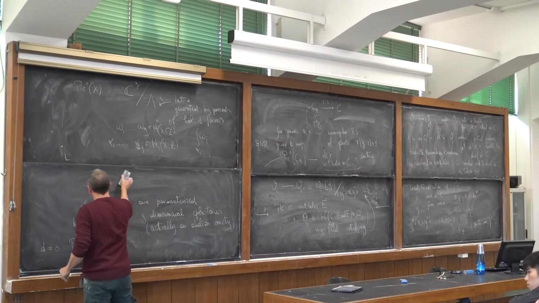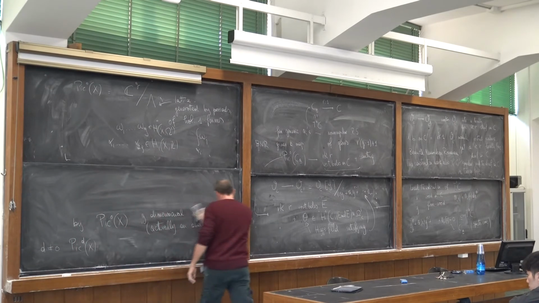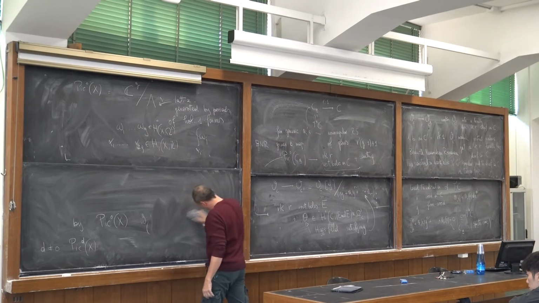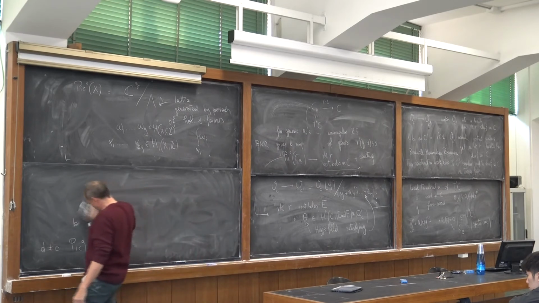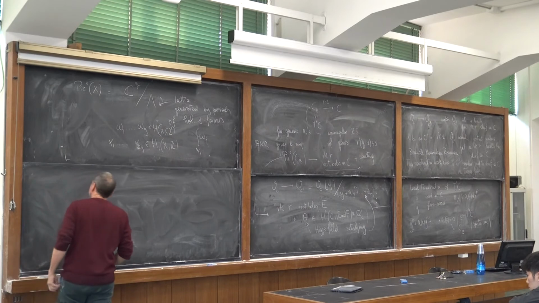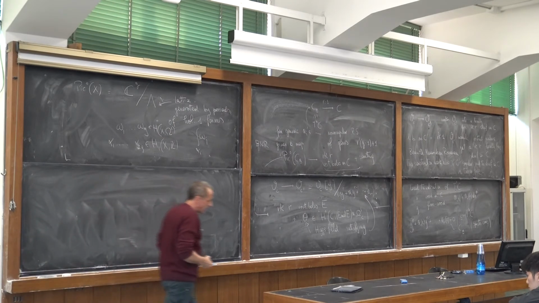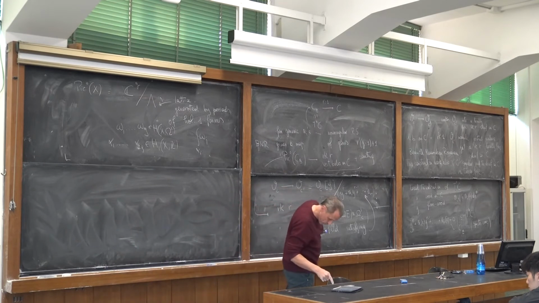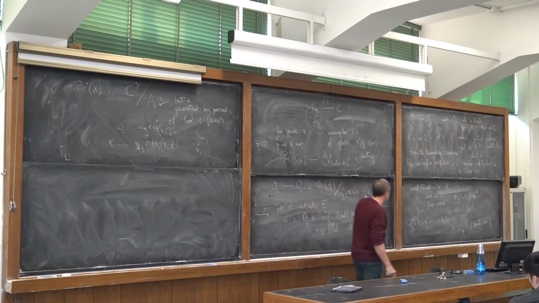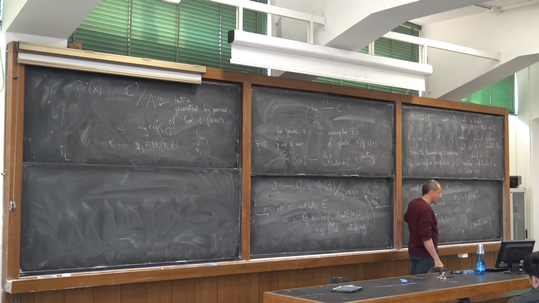Okay, so now it's time to clean up things, and I start by cleaning up the blackboard. So the final product is the following. Let's see. Oh, maybe I should notice a spectral curve can very well be singular, can even very well be non-reduced.